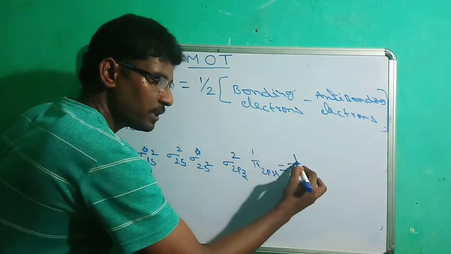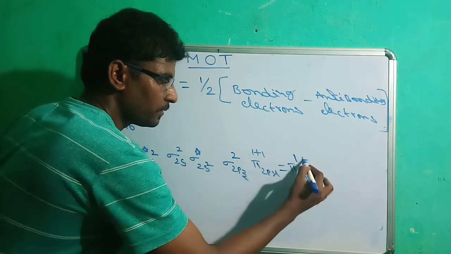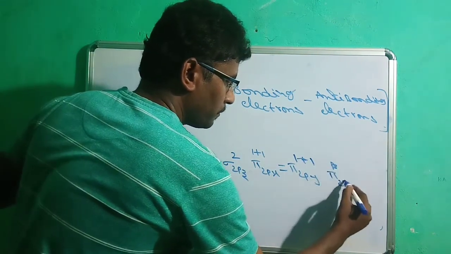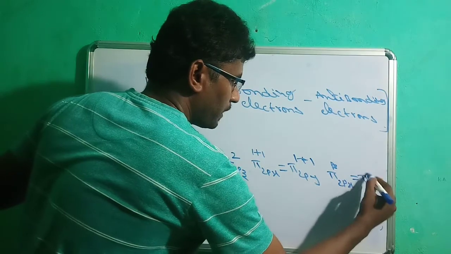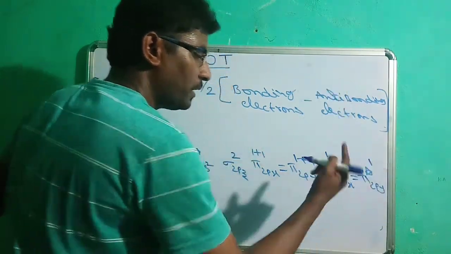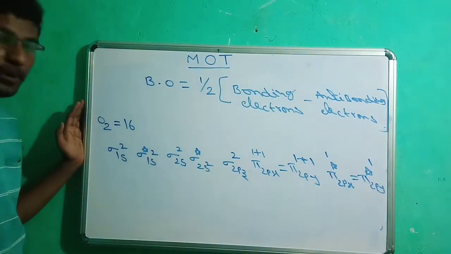Electrons must first be half filled like this. After that pi star 2px equal to pi star 2py. Electrons must be half filled. After that pairing.